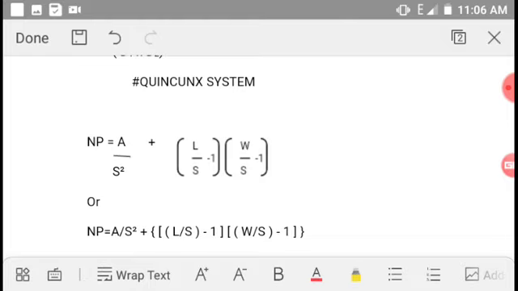So the next system is the so-called quincunx system or the diagonal method. Yung square method kanina, para siyang square method, but you are about to put a filler at the middle portion.